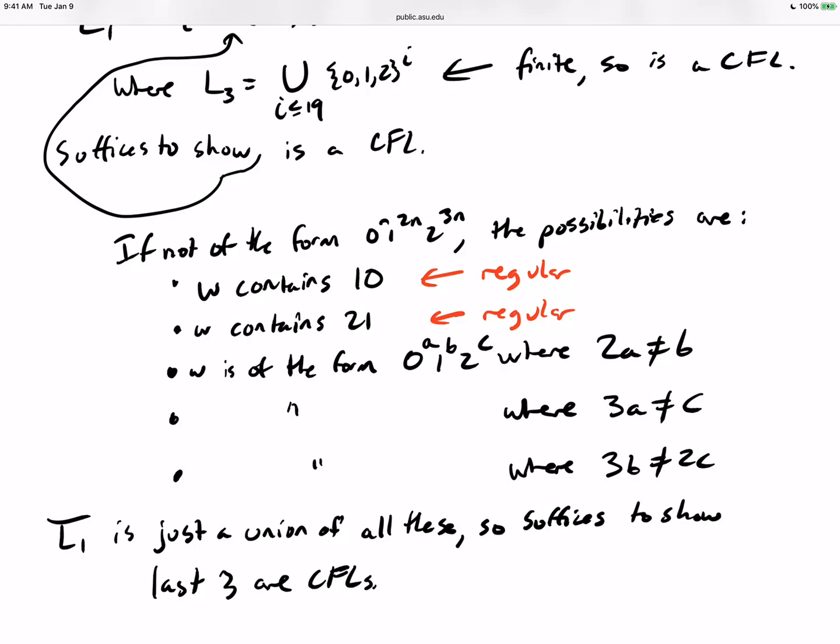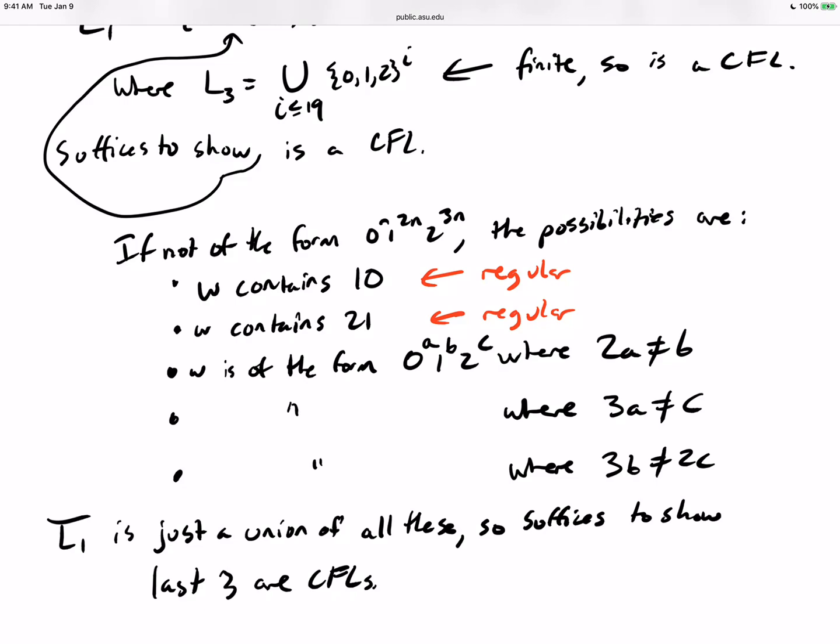So either the A and B condition, where there are twice as many 1s as 0s, is failed, or the proportion between the 0s and 2s is wrong, or the proportion between the 1s and 2s is wrong. One of those happens.